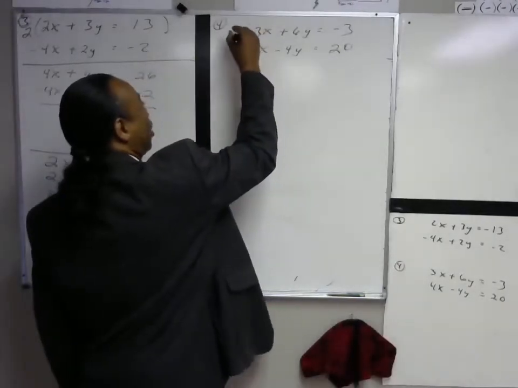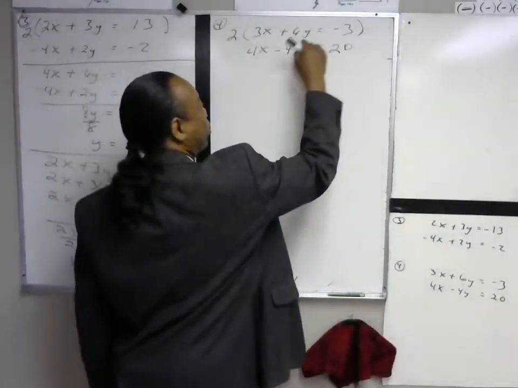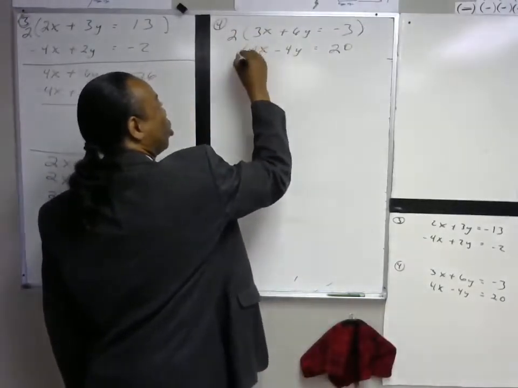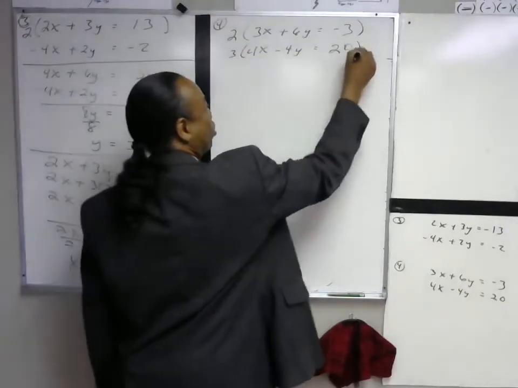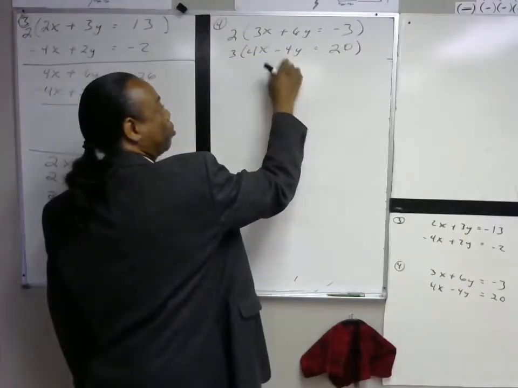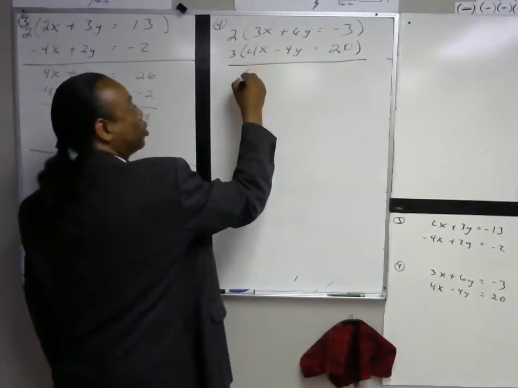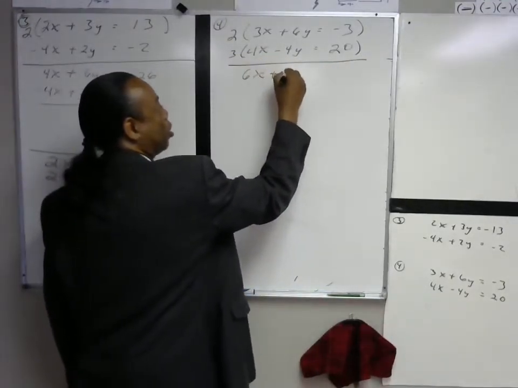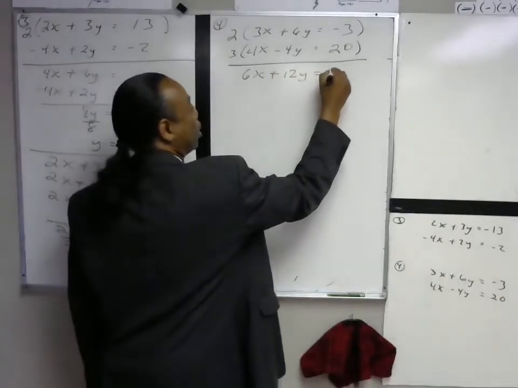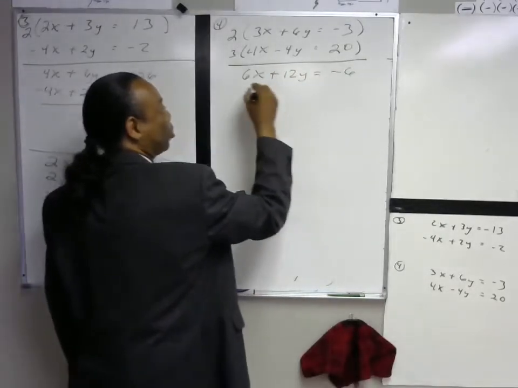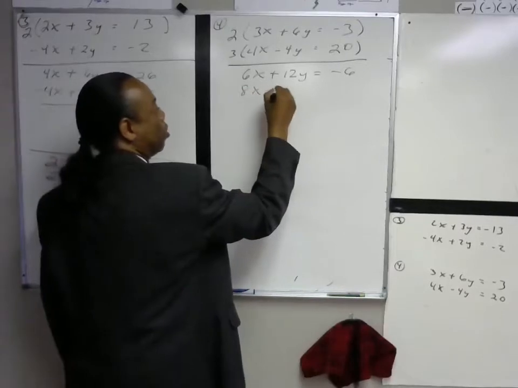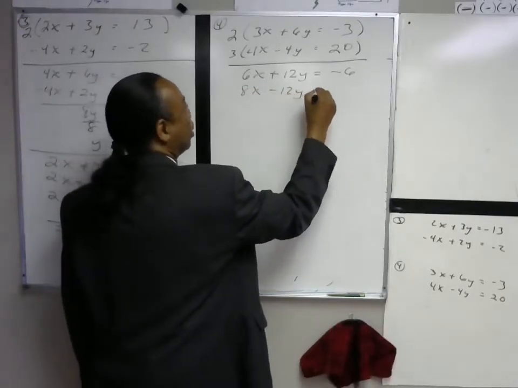So multiplying by 2 will get us a positive 12 here. Multiplying by 3 will give us a negative 12 there. So this now becomes 6x plus 12y equals negative 6, and 8x minus 12y equals 16.